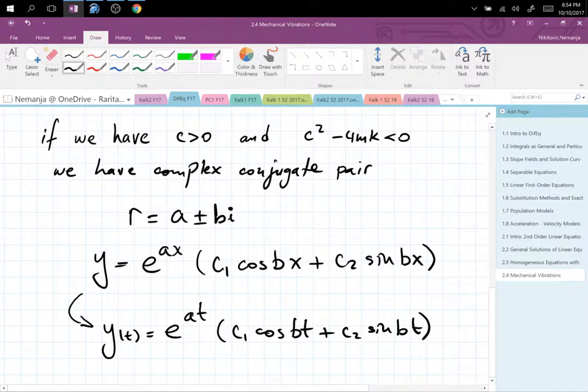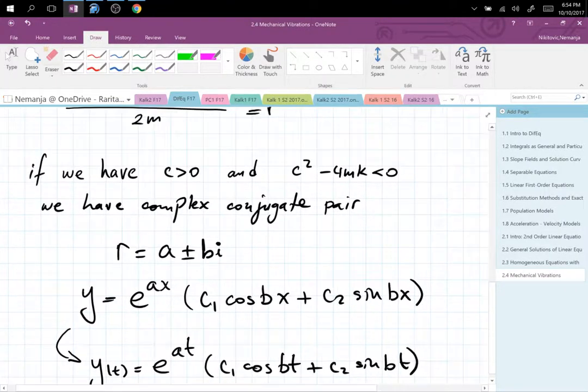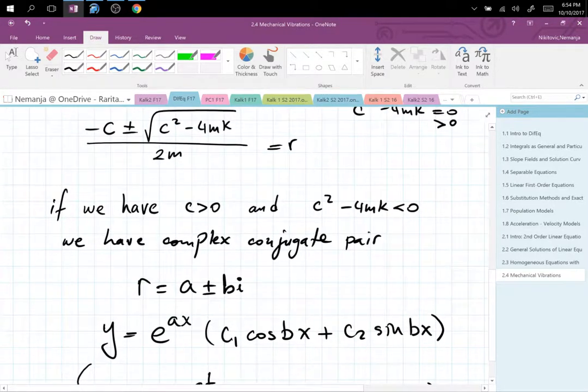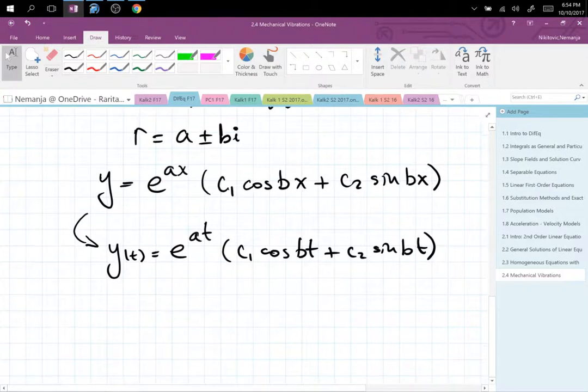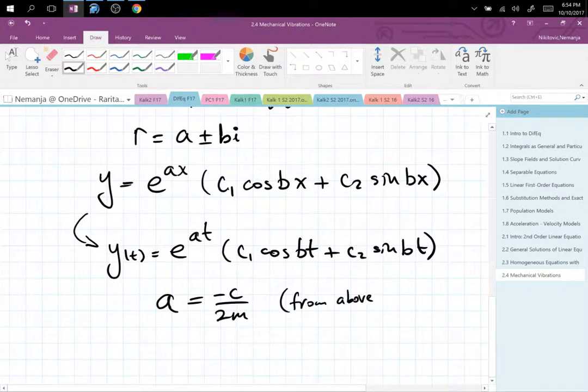Now, I also said that if you carefully look at this a, what is a? Well, a is negative c over 2m, right? So a is negative c over 2m from above. And we know that 2m is always larger than 0. That's given because 2 is a positive number and m, if something exists, has positive mass.